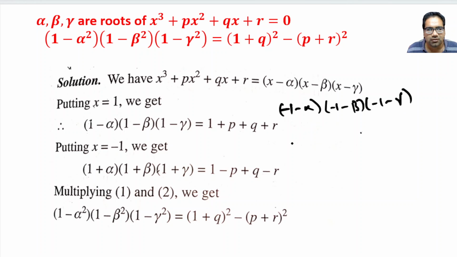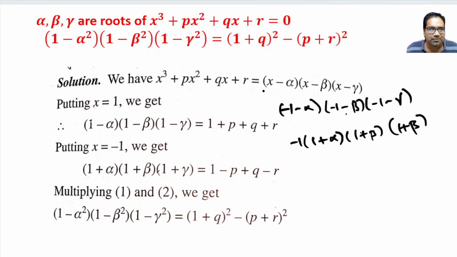If you take minus 1 out from all three places, this becomes minus 1 square, again minus 1, this becomes minus 1 cube, which is equal to minus 1 only. So this becomes (1 plus alpha)(1 plus beta)(1 plus gamma). Right. This is what we are looking for.